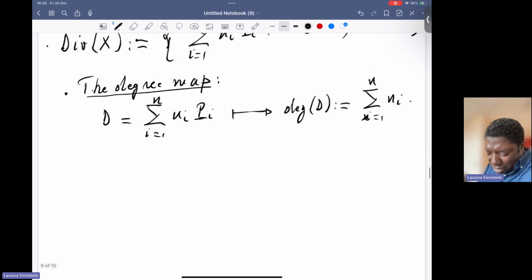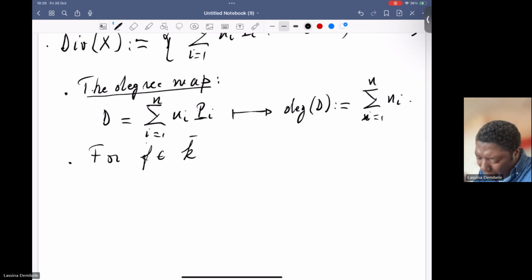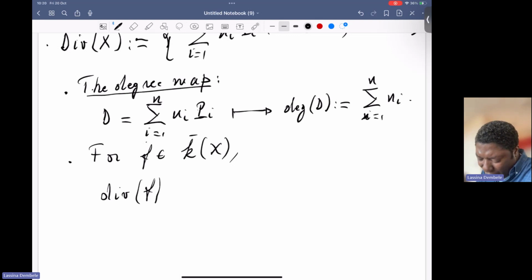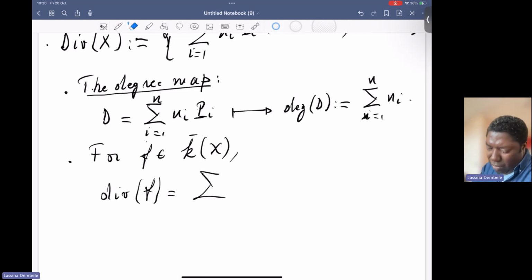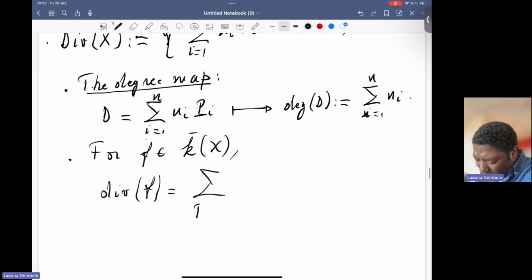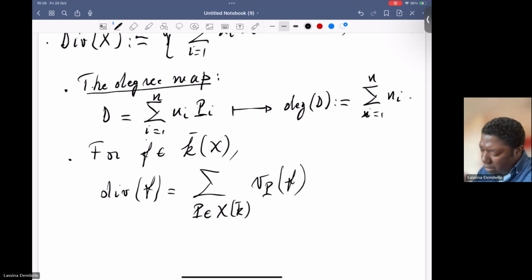And there's also the divisor of a rational function. If we have f, a rational function on X, then we can define the divisor of f as the summation over all the points p, of the valuation of f at p times p.